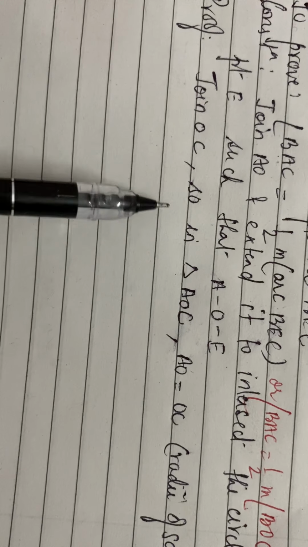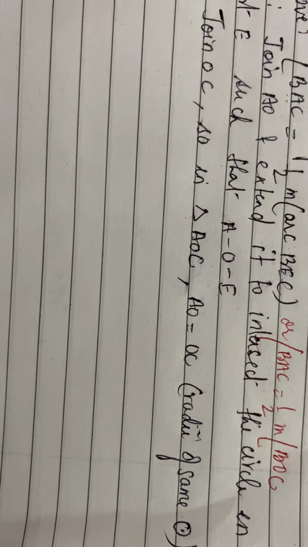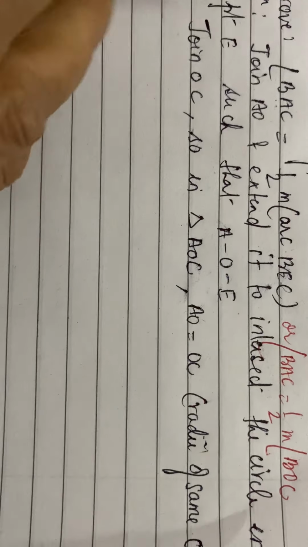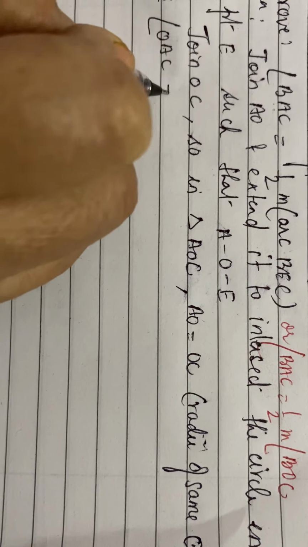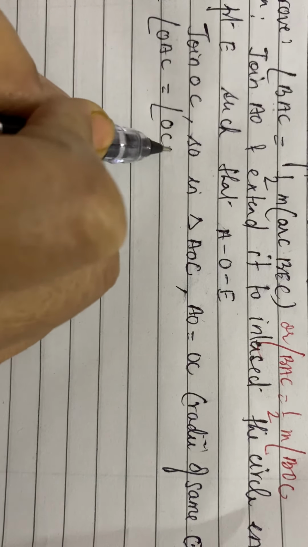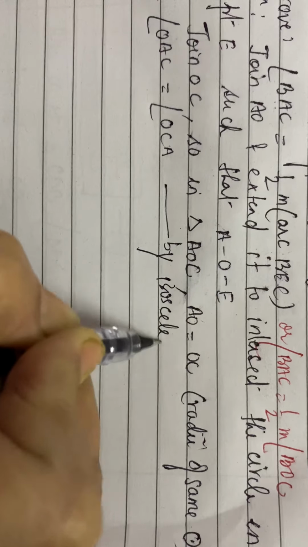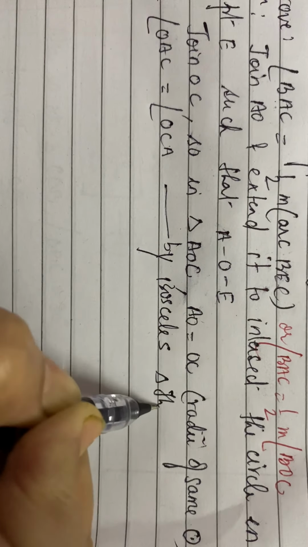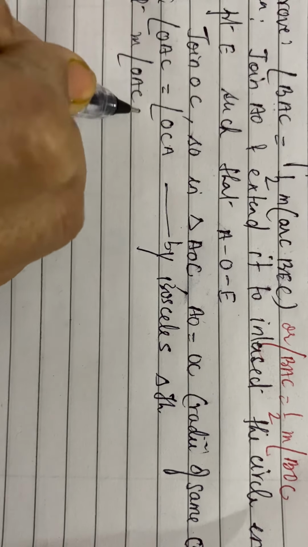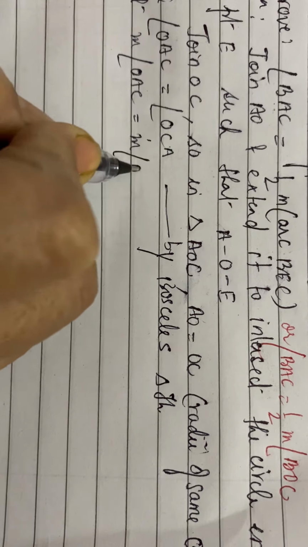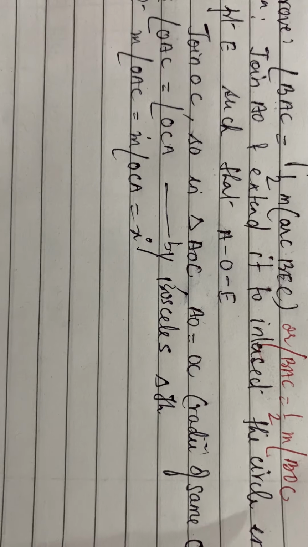Join OC. So in triangle AOC, you have AO equal to OC, which are radii of the same circle. Therefore, angle OAC is equal to angle OCA by the isosceles triangle theorem. Let the measure of angle OAC be equal to the measure of angle OCA, equal to x degrees.